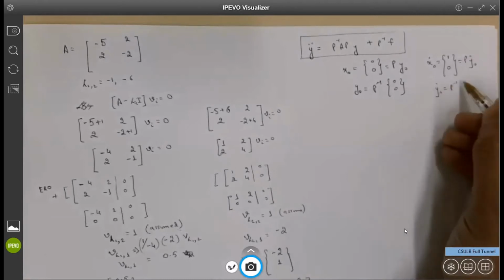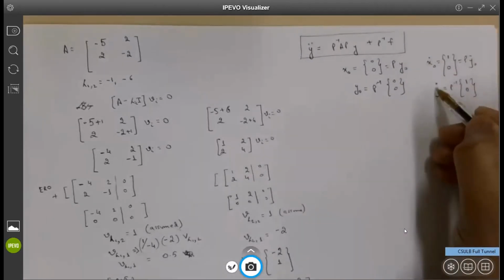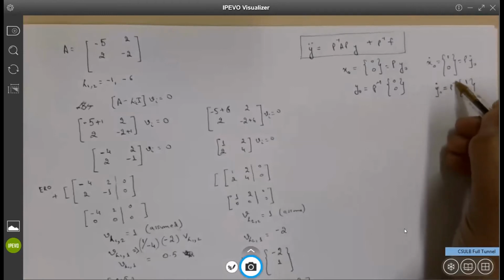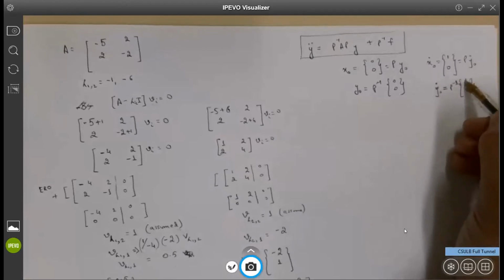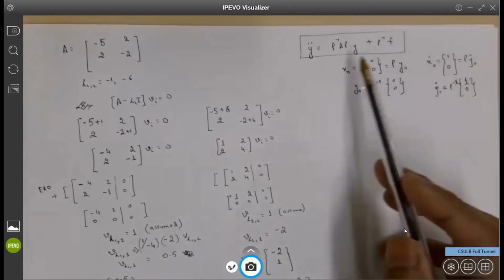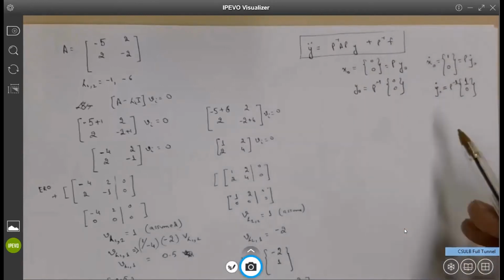I'm not going into the solution of that. That will be part of your homework problem, to solve this and see what solution you get. The textbook already solves it for you, but I would like you to go through the solution technique for second order differential equations, refresh that concept, solve it and see whether you match the solution.